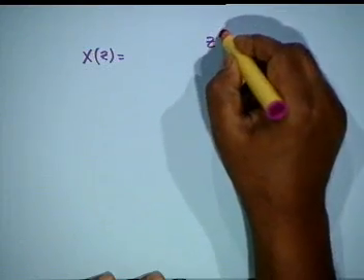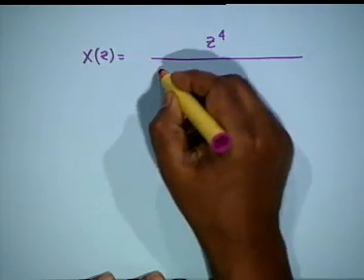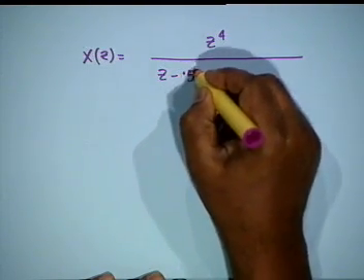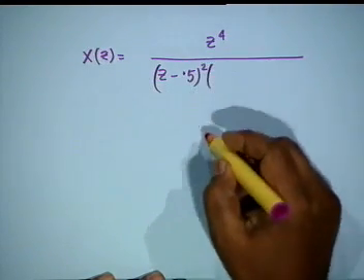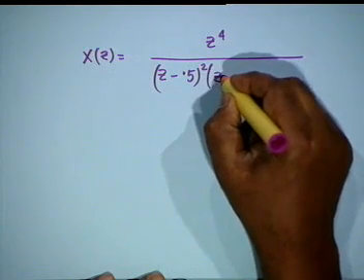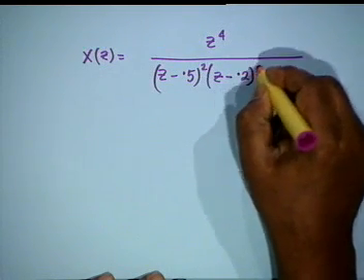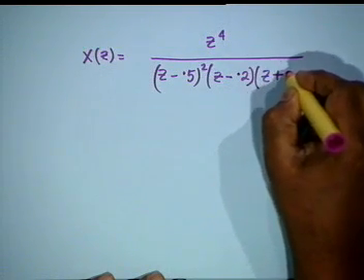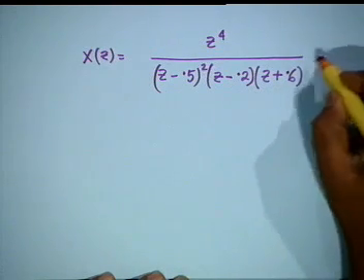Now, let us take an example of multiple pole and illustrate how we carry out the actual calculations. My capital X of z is given as z to the power 4 divided by z minus 0.5 whole squared, z minus 0.2 and z plus 0.6.